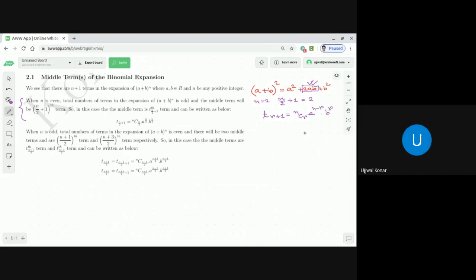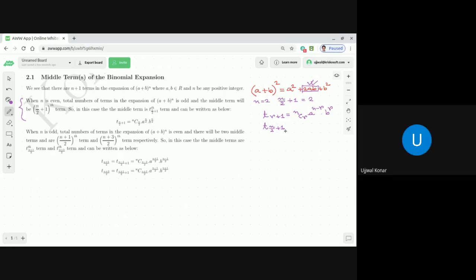So here, instead of r, we need to write n by 2. Are you getting my point?